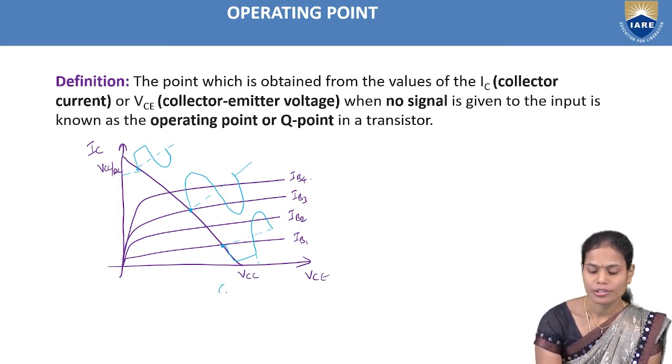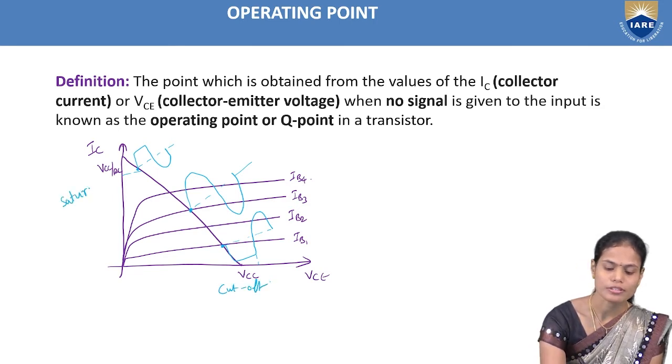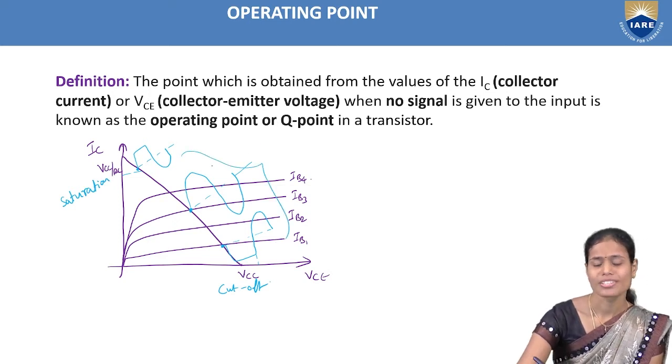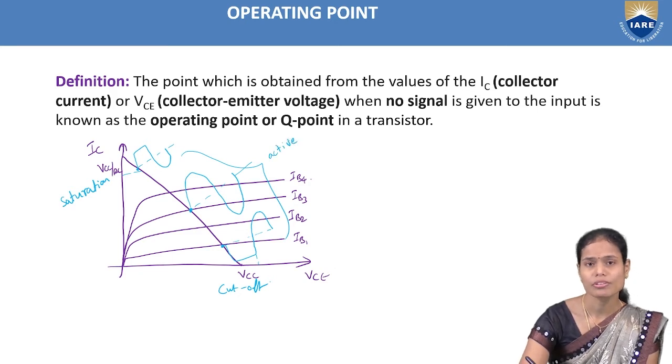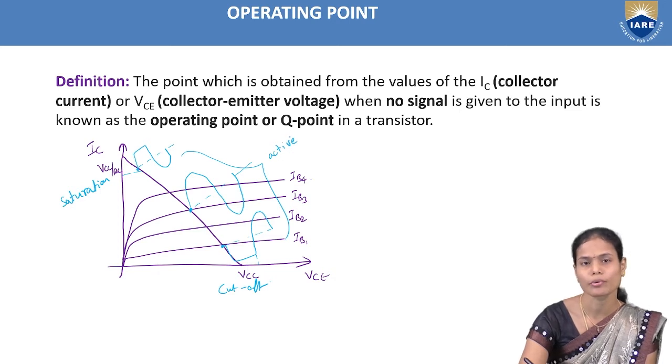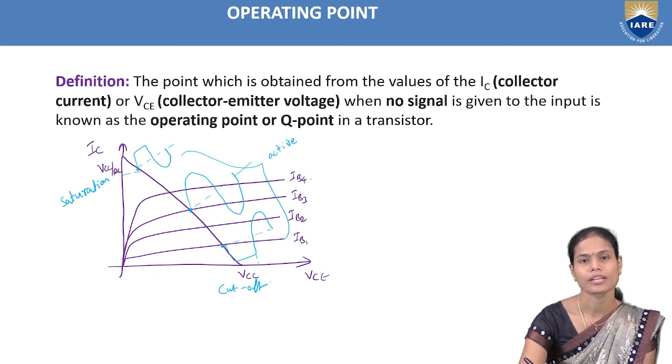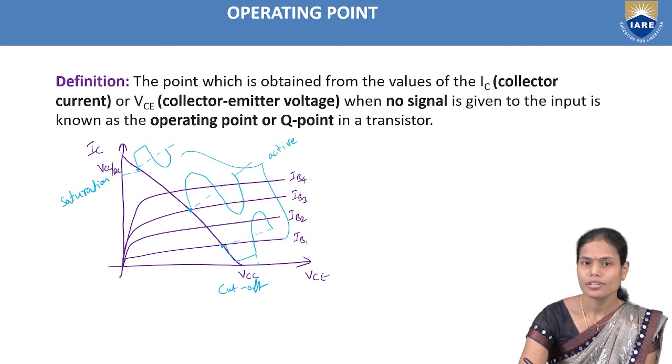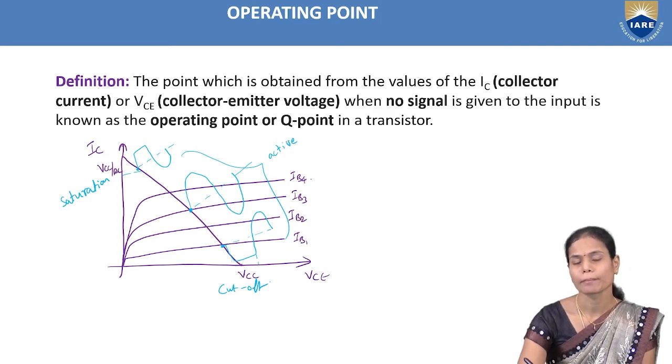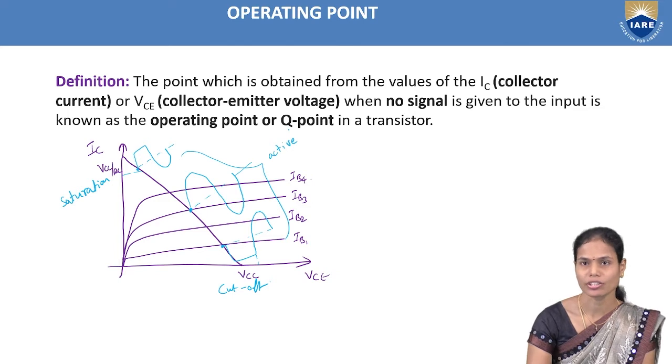This particular region is the cutoff region and this particular region is the saturation region, and between the cutoff and saturation regions is the active region. Once we fix the operating point in the active region, we can get the proper amplified signal across the output. So we need to fix the operating point properly in the active region, not in the cutoff or saturation regions.